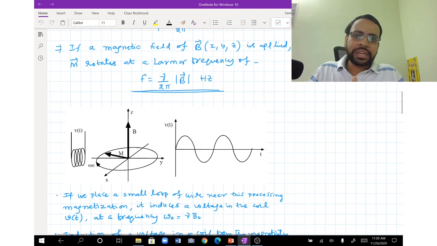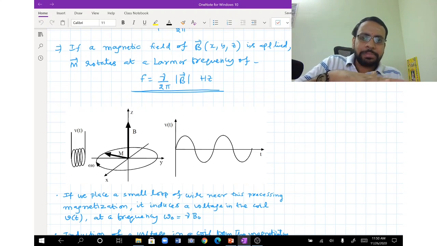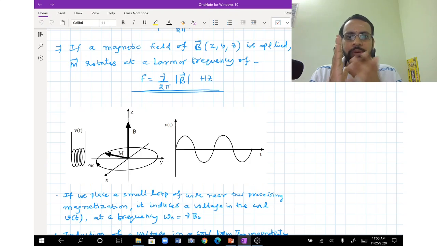Connect this to what we discussed in the previous class, gamma by 2 pi into the magnitude of B bar. This would eventually be equivalent to this B1 magnitude that you are applying in the XY plane, which is negligible compared to the magnetic field in the Z direction, which is of the order of 1.5 Tesla, 3 Tesla, 7 Tesla, and so on.